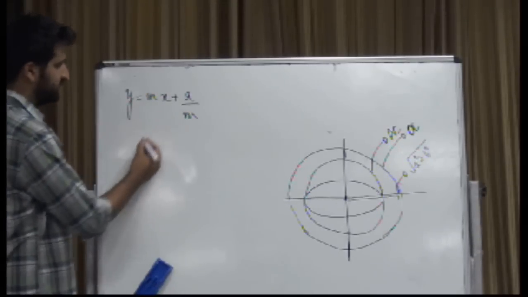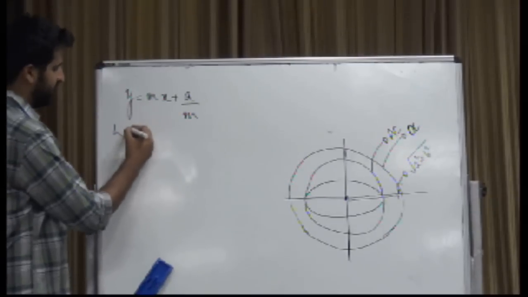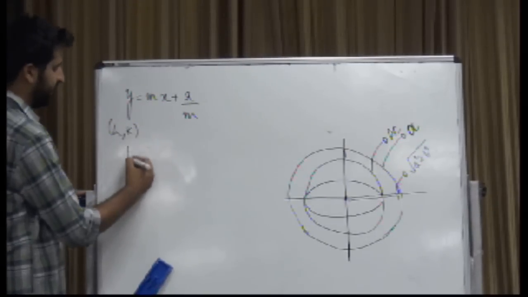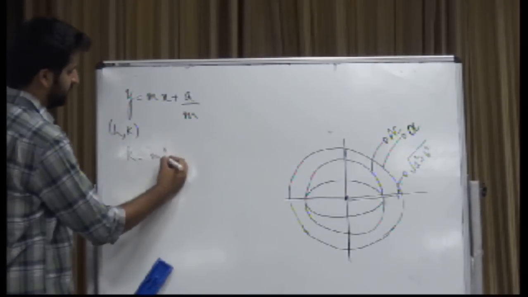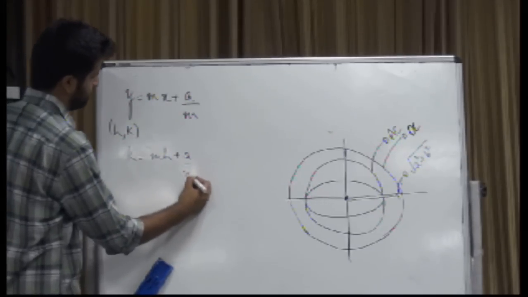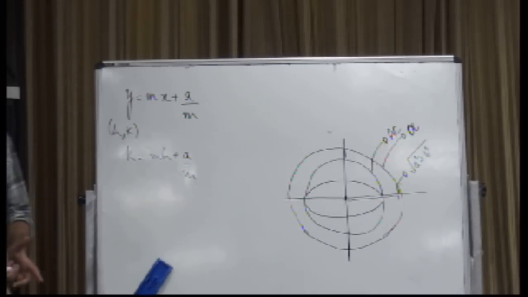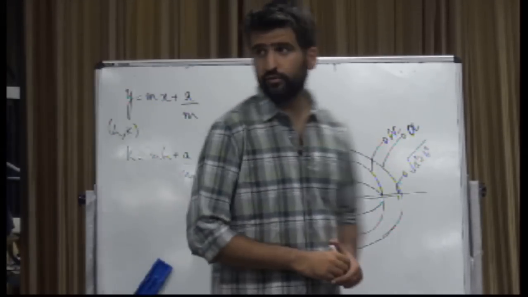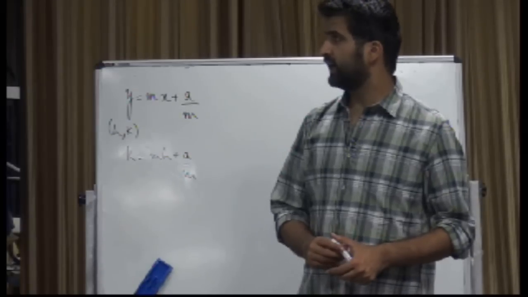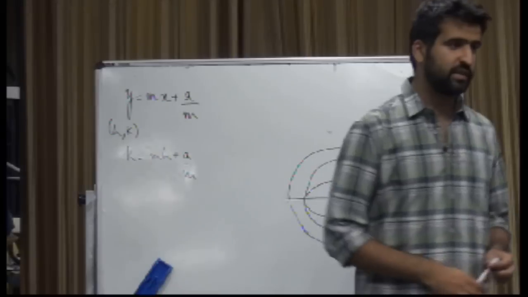Let's say the tangent is passing through the point h comma k. So you'll get k is equal to, try to do the same thing. Try to form two tangents which are perpendicular.